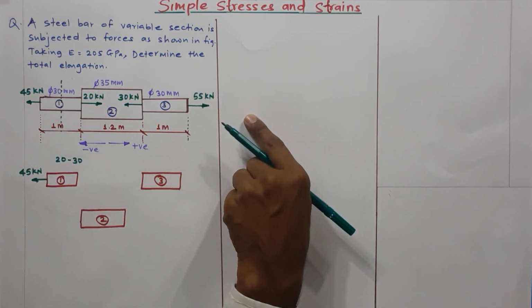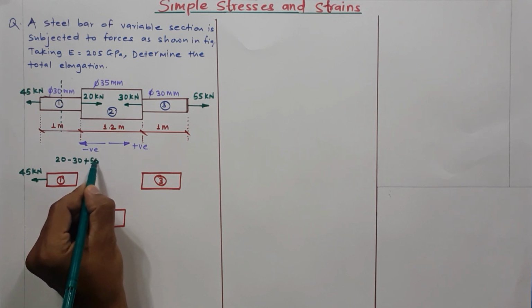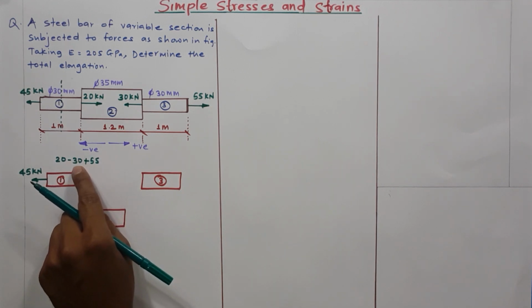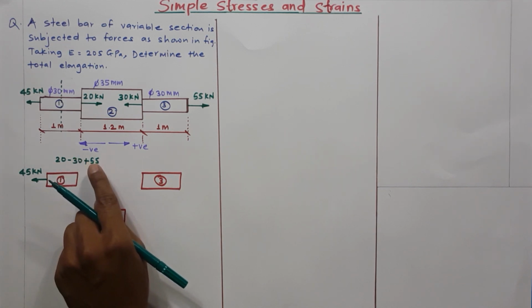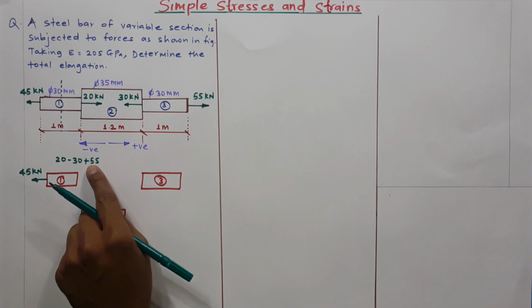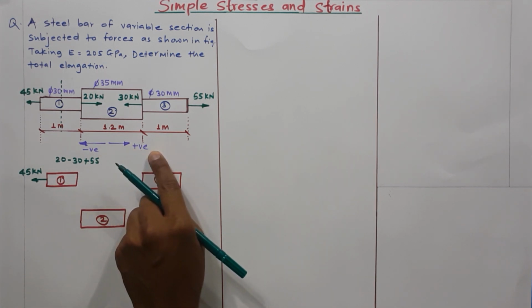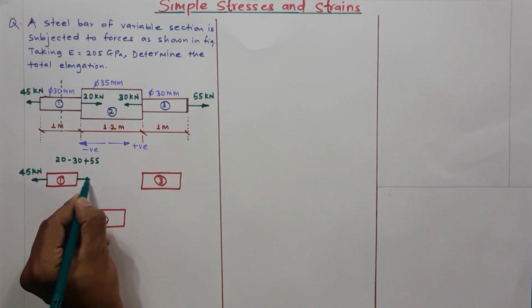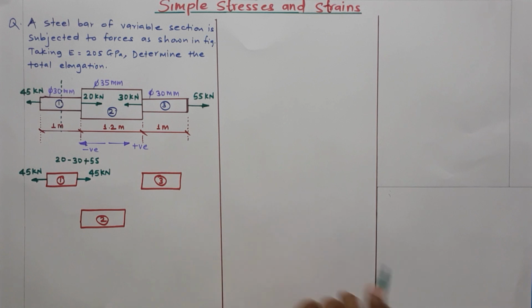That 55 kilonewton force goes towards right, it is plus 55, it is positive. Then 30 minus 30 plus 20 is minus 10. Minus 10 plus 55 is plus 45. Plus 45 means it goes towards right side. Here we got plus 45 kilonewton force.